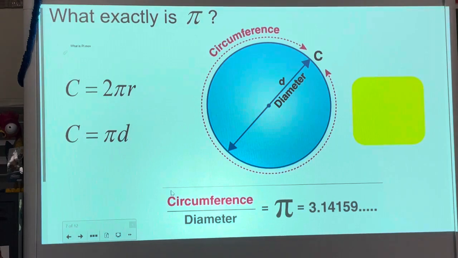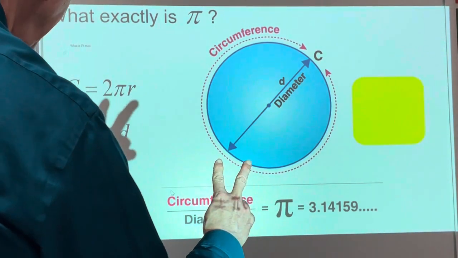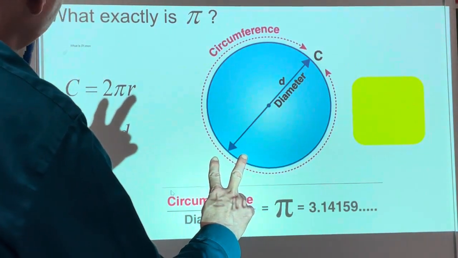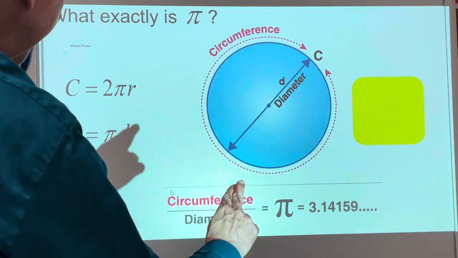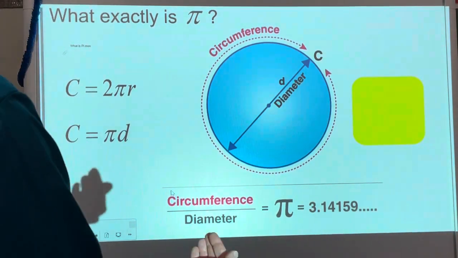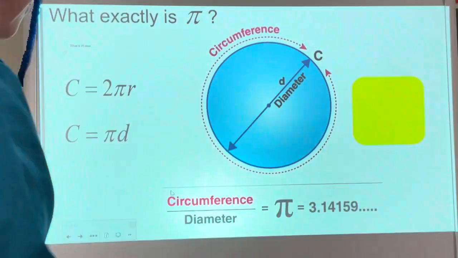So what exactly is pi, right? We talked about how we've got our circumference, which is 2 pi r. We talked about how 2 radii, if you want to get fancy, a radius and a radius make a diameter. So we could say that the distance around is pi times the diameter.